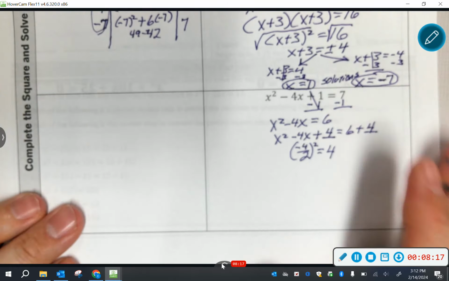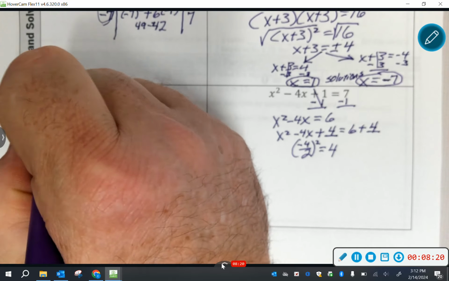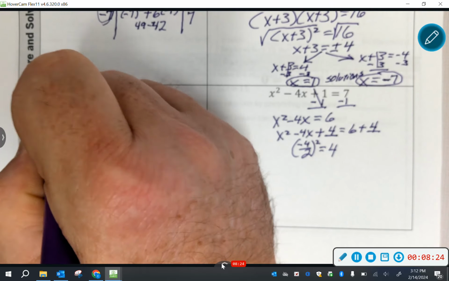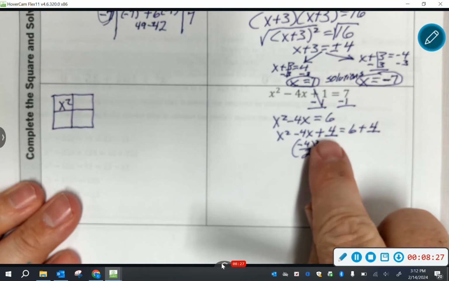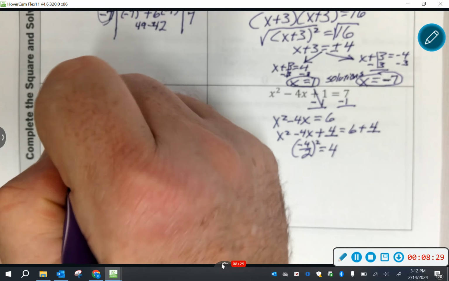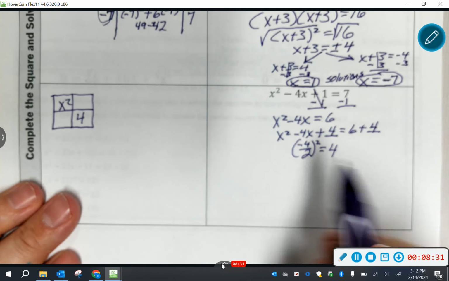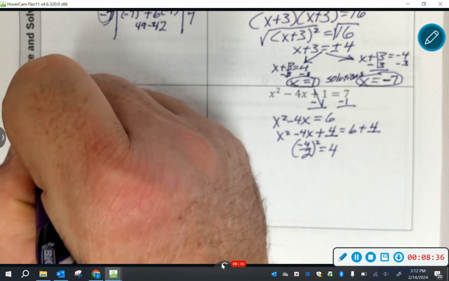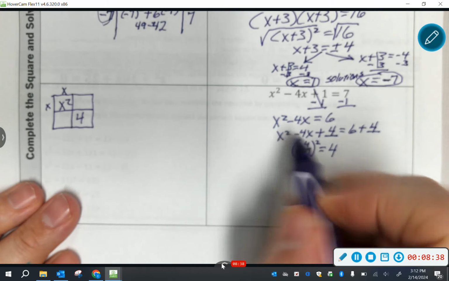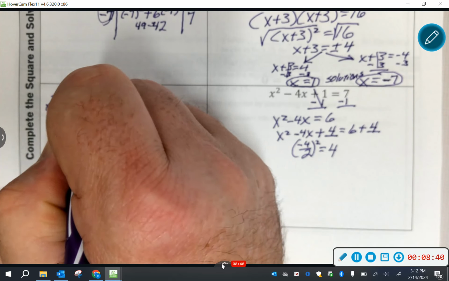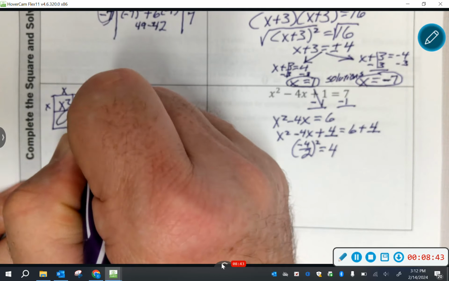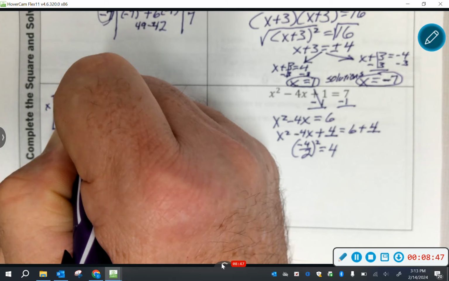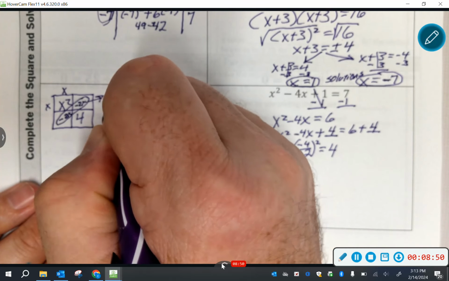Okay? So again, we want to use our box here to get our factors real quick. So I'm going to go x squared, and then this will be plus 4. Okay? And then look, this is a negative 4x. So I'll put x here, and if I need these to add up to negative 4x, then that's going to be negative 2x. That'll be negative 2x to give me negative 4x.